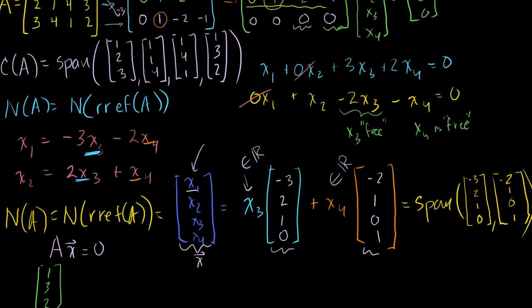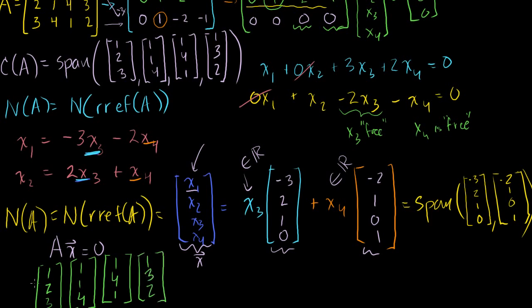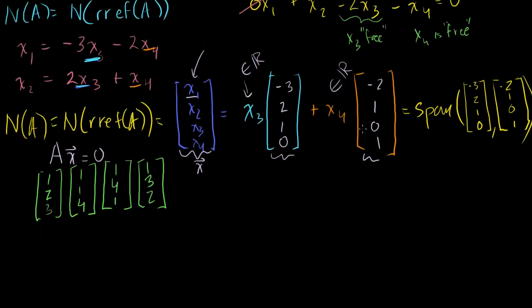I don't remember them. Oh no, it's 1, 2, 3; 1, 2, 3; 1, 1, 4; 1, 4, 1; and 1, 3, 2. So this is just the column vectors of A. I could just write A as this set of columns. But my question is, is this a linearly independent set?